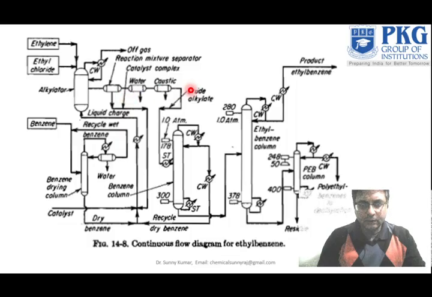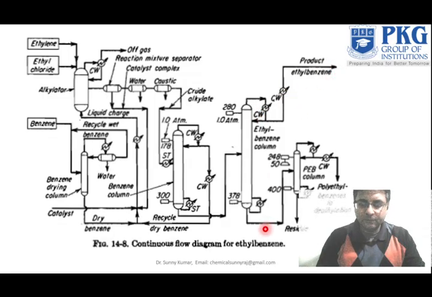After the reaction mixture separator, the stream is sent to this column. In this reactor the pressure is around 10 atmospheres, and a condenser is there, cooled by cooling water. Then comes the ethylbenzene column, where from the top you get the product ethylbenzene. The bottom goes to another column, where polyethylbenzene is recovered for dealkylation.